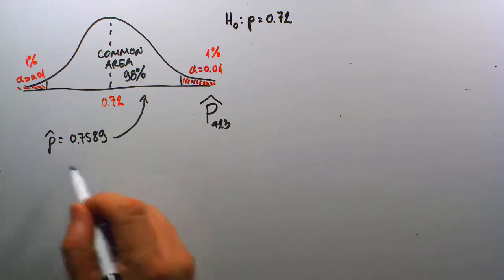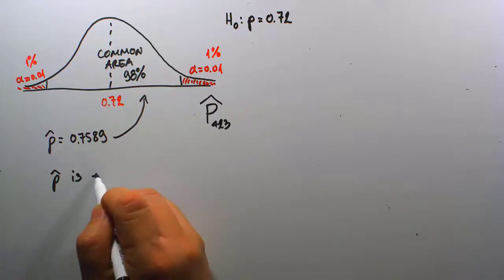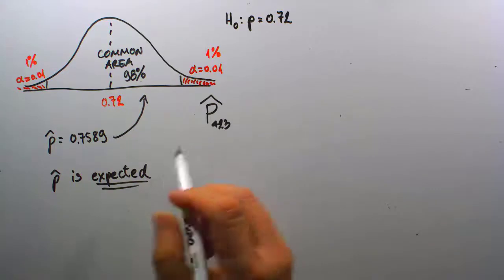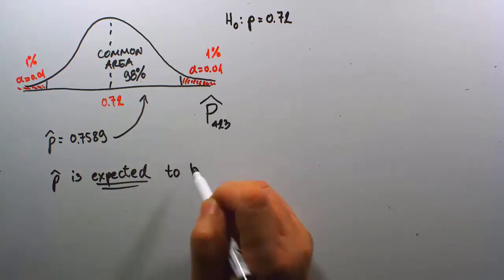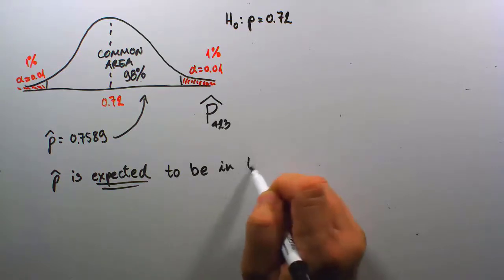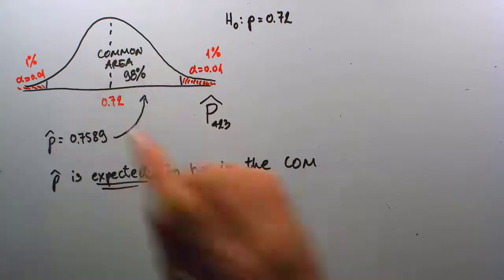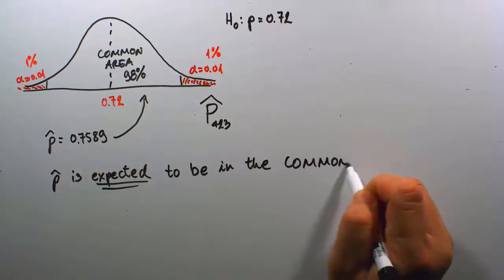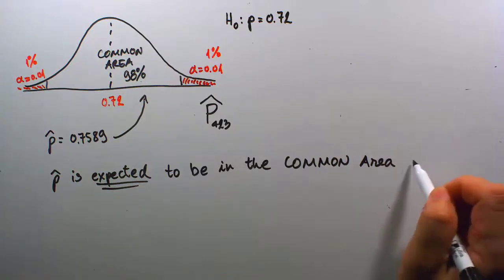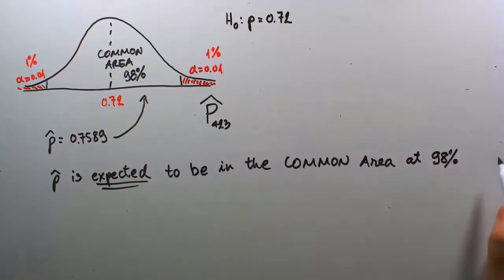And so when we pick any of our samples, our sample p hat is expected to be in the common area, because the common area is so big. And that expectation is at 98% chance.